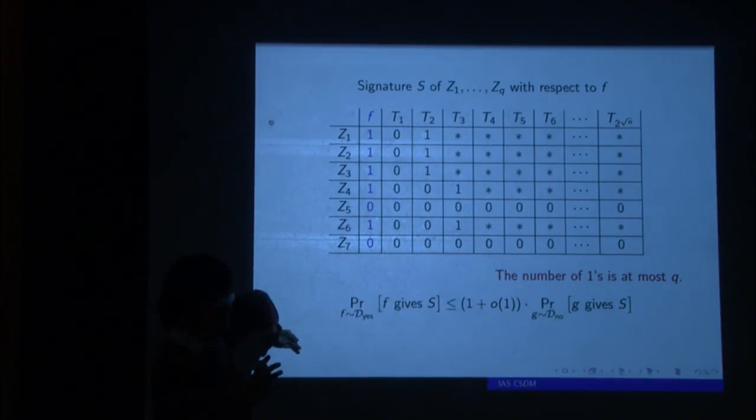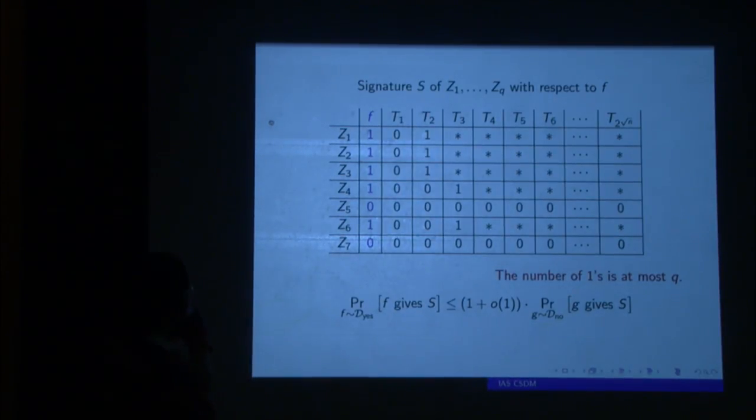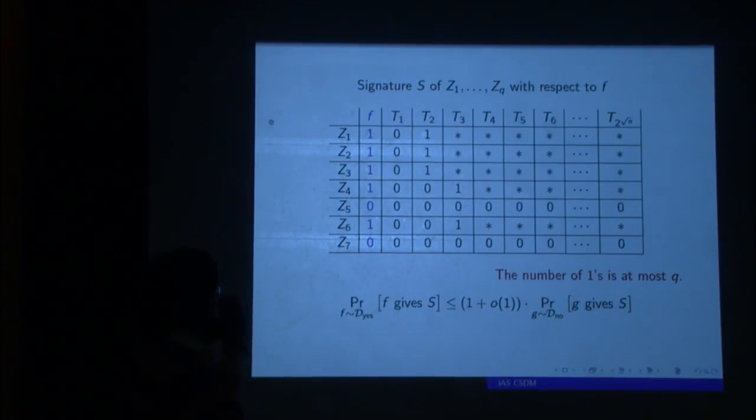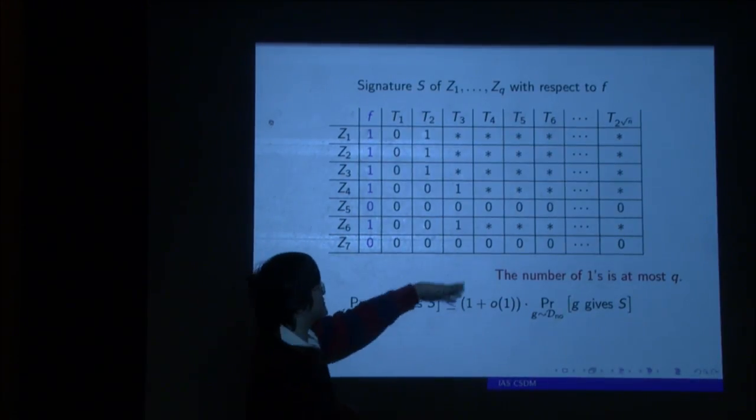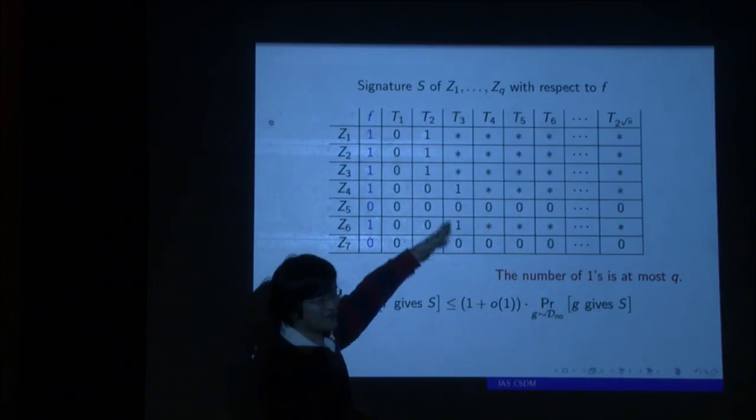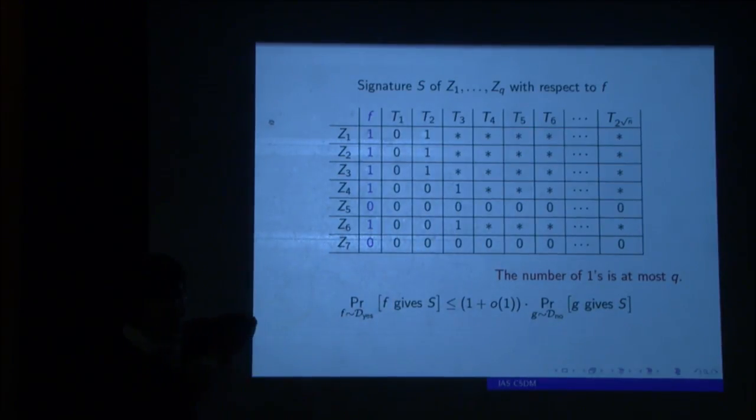So I have this sequence of queries. The algorithm doesn't know the t's. So it can draw this table, but it doesn't really know what they are. Yeah, yeah. So we'll talk about, if I draw a random term, how likely it is to get that column. Yeah. So the algorithm just knows the table, but not the terms.